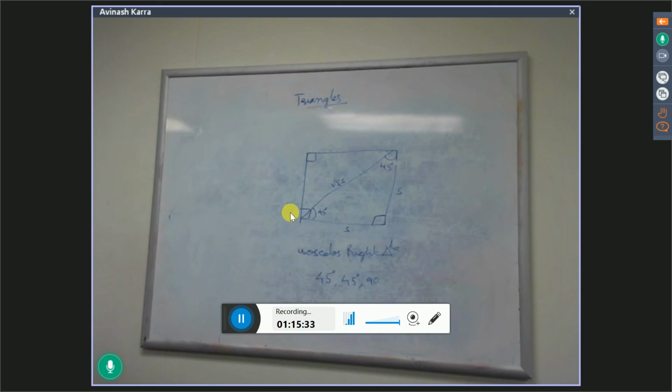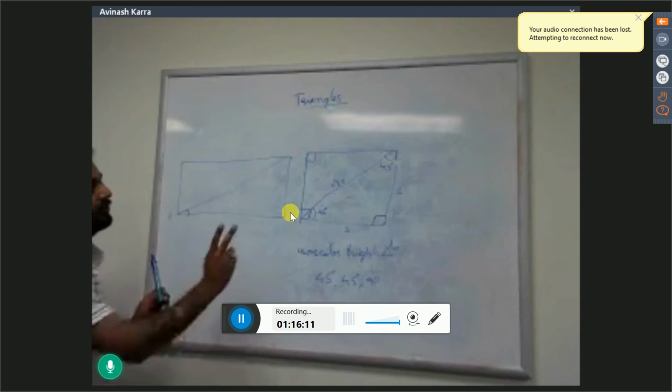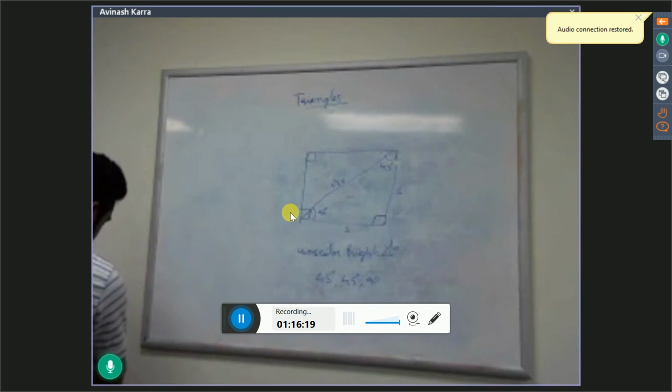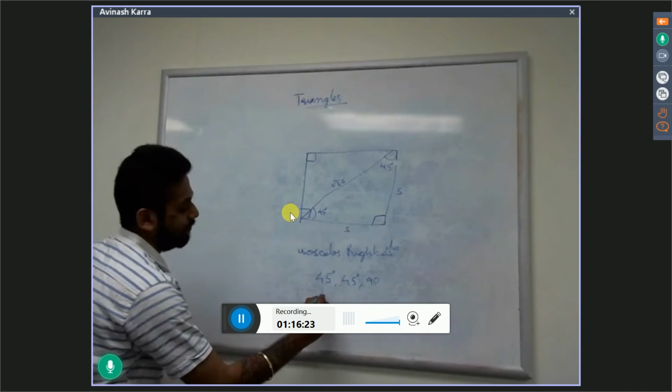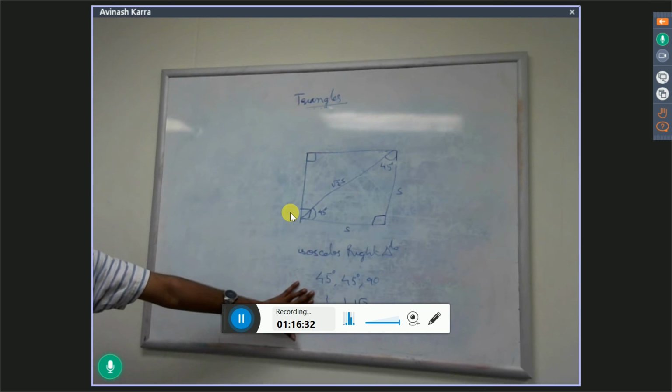There will be some problems. So sides will be in the ratio of 1:1:root 2.